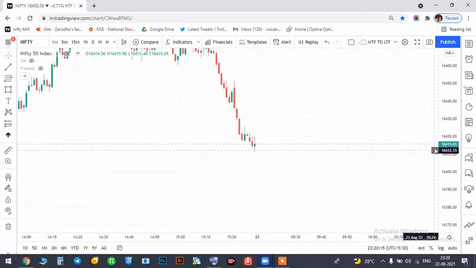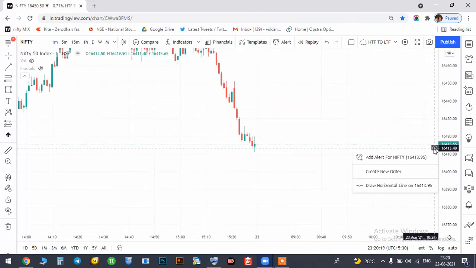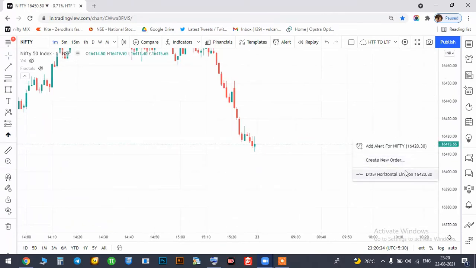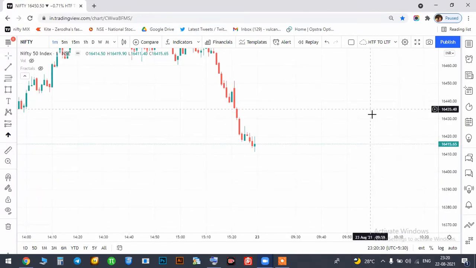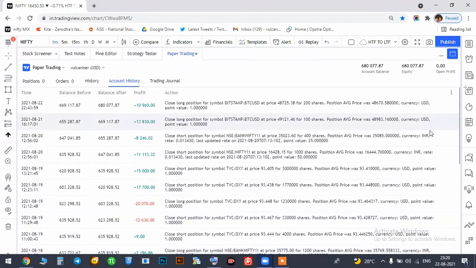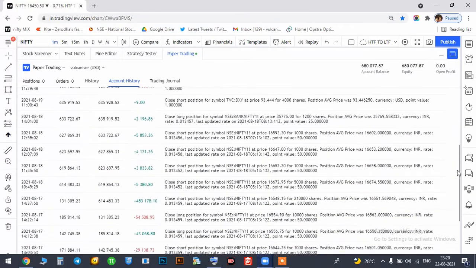So can you see the plus mark here? Click it. If the market was open, it will show the buy and sell order here. Then you click it and take the target and stop loss, check your system, check your accuracy. If your accuracy is like this, like I created, then you start taking the live trade.